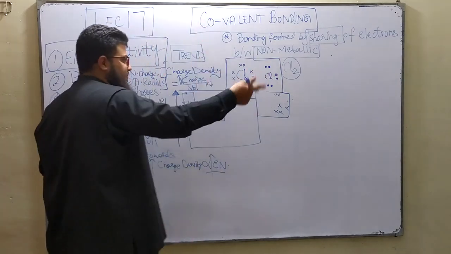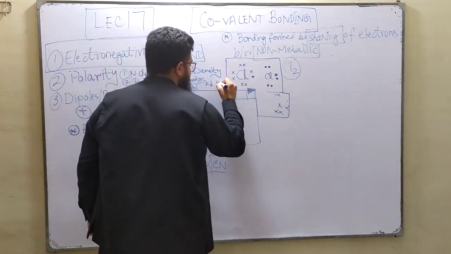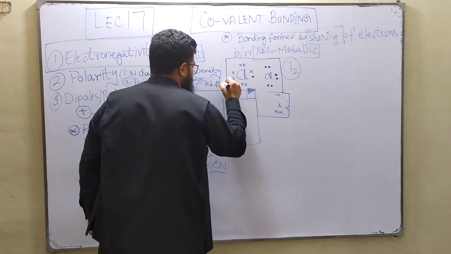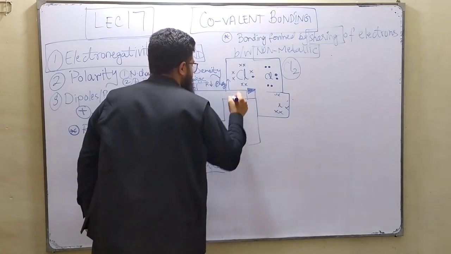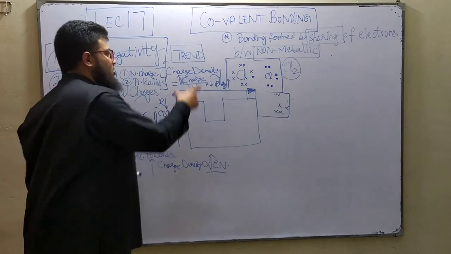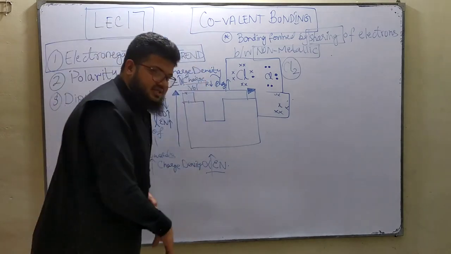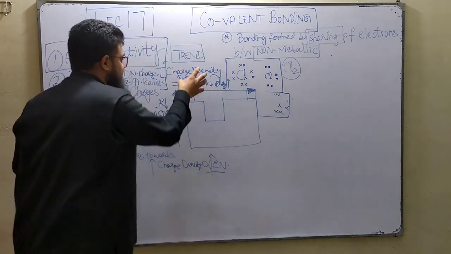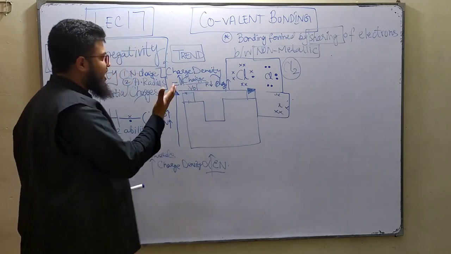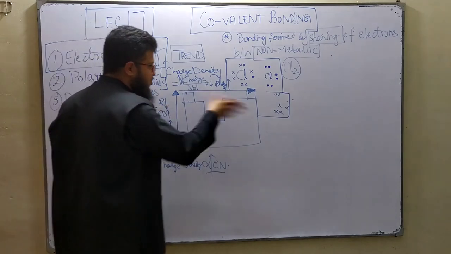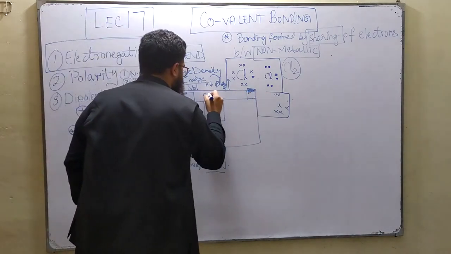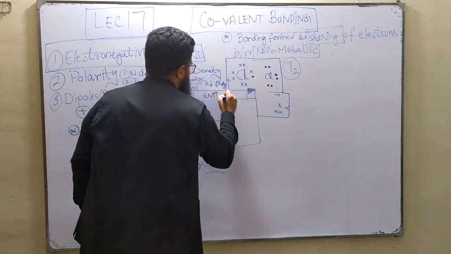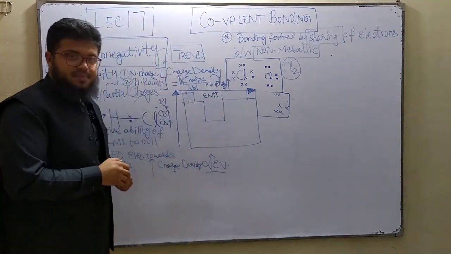As you go across the period, the proton number increases, meaning the nuclear charge is increasing. So there is a double effect, meaning the numerator is increasing and the denominator is decreasing. That means the charge density has to rise rapidly as we go across the period. Therefore, electronegativity will also shoot up as we go across the period.